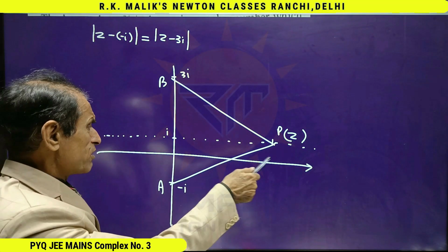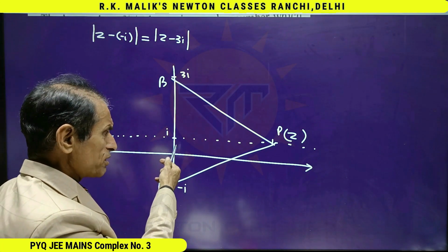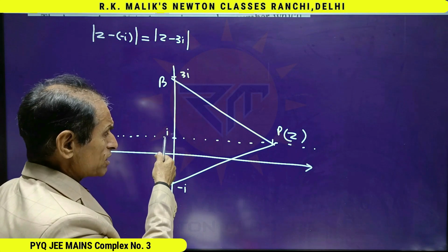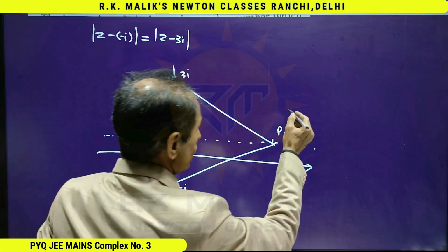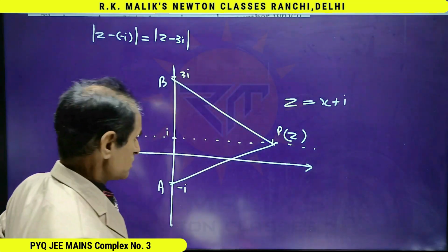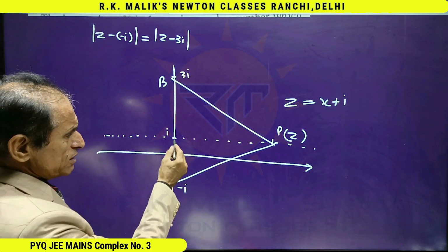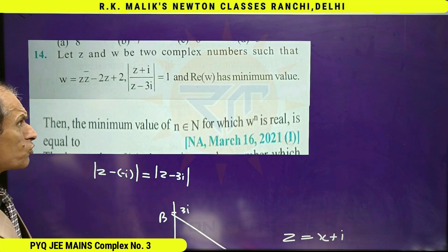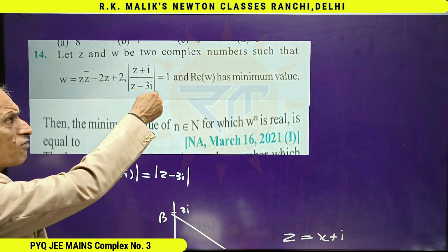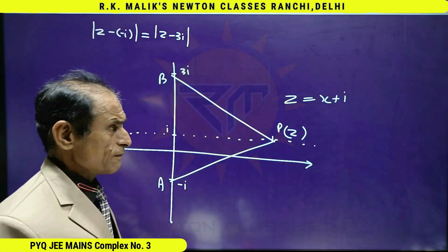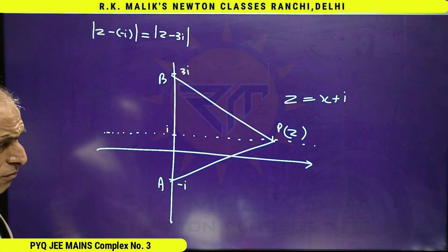If z moves anywhere on this line, it surely means that the imaginary part of z will be always 1. That is, the value of z will be always in the form of x plus i, where x is this length. That is, we get the conclusion that this condition will be satisfied when z is in the form of x plus i, where x is any real number.